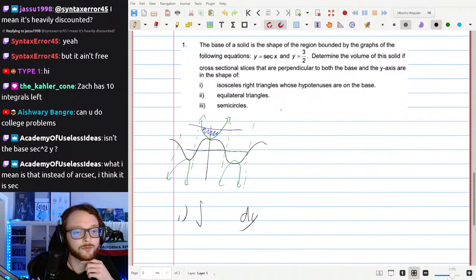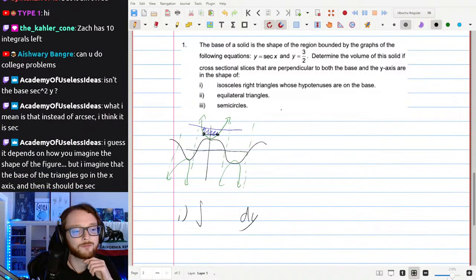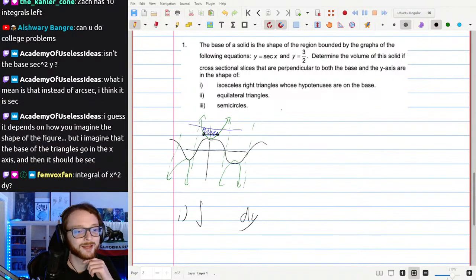I want to find the distance from one end of secant to the other end of the secant, depending on my y value. I feel like that is arcsecant when I say it like that.